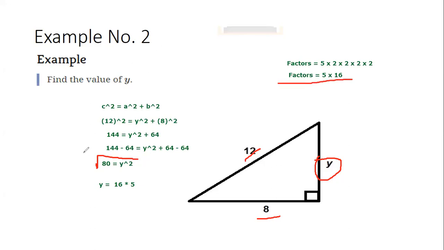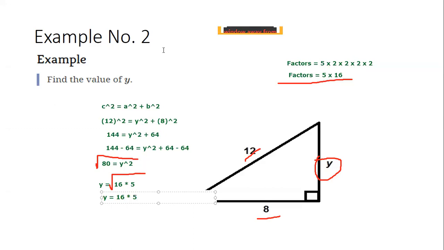So this will be the square root of 16 multiplied by 5. One of them is a perfect square number, and the other one is not. Based on the rules of radicals, we're going to separate this. So y is equal to the square root of 16 multiplied by the square root of 5.